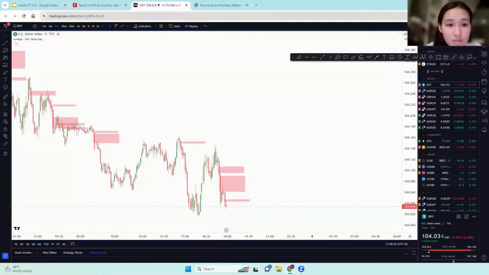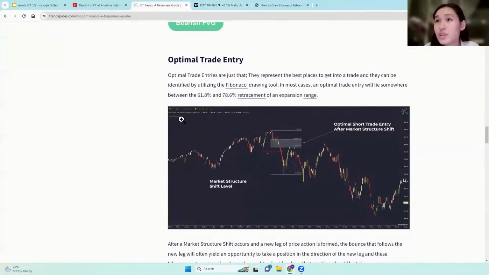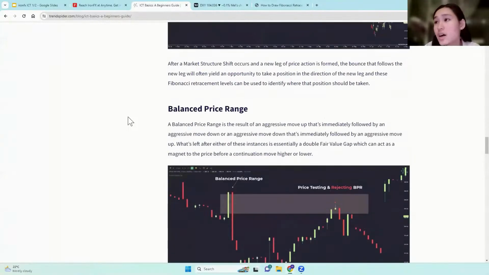So basically, what I mean by a double fair value gap, you can look at this website as well.